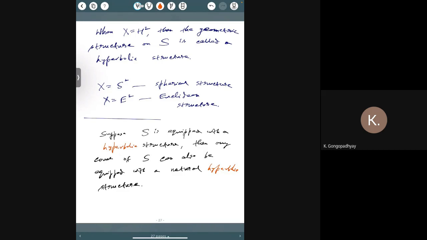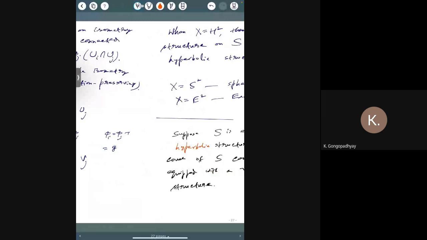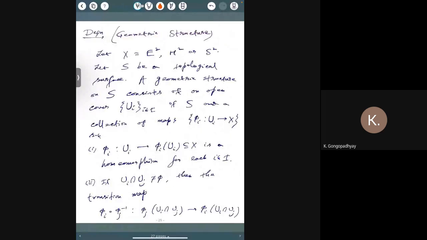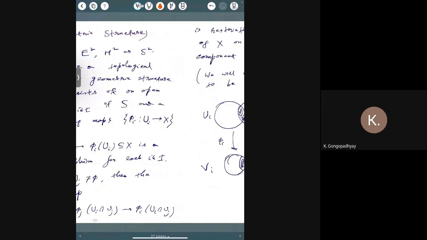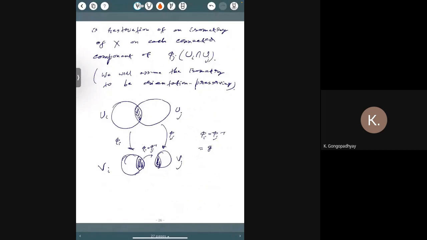But here I am not talking about projective structure. I assume that X is one of these, and the restriction maps are isometries.